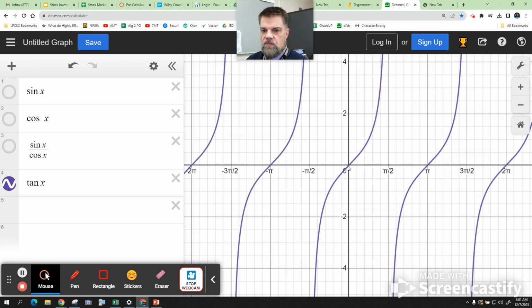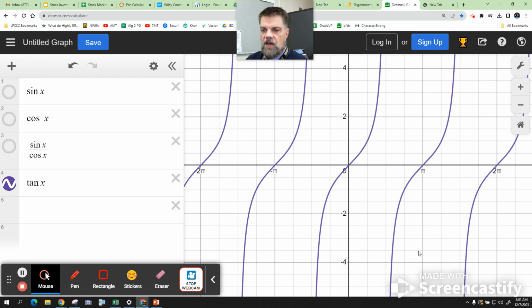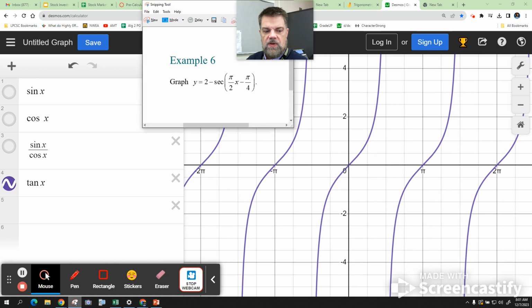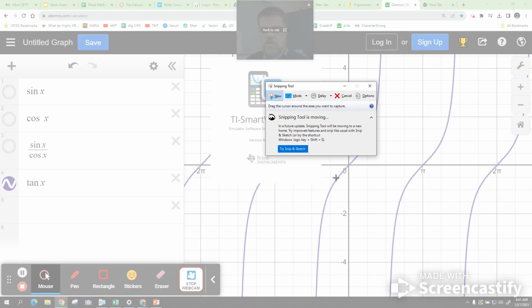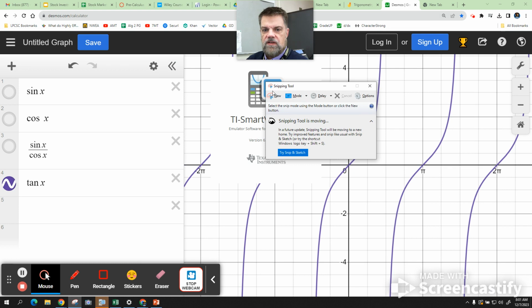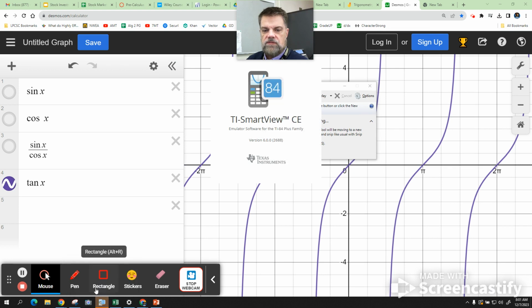I'll just zoom in on it, and we'll take a screenshot. So this is just tangent. Oh, I clicked the wrong button. Now I have to wait for that thing to get off. Can I close that? Yeah.